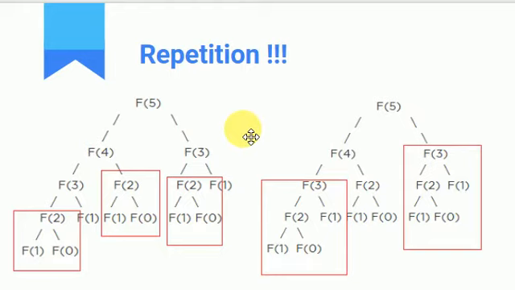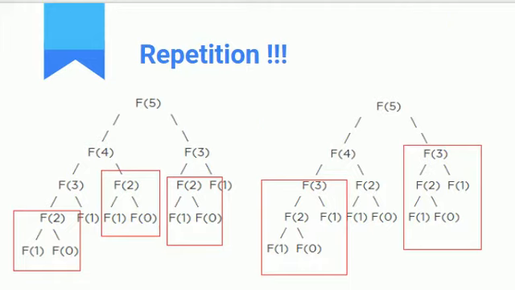You might have to calculate f of 35, 40 times, and within that 40 times again you have to calculate f of 33 many times, like that. It exponentially increases the time.